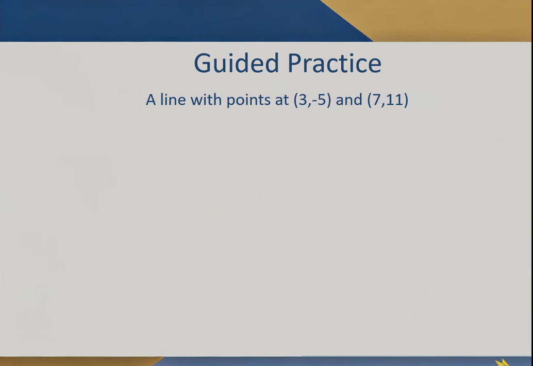Okay, let's look at this question. A line with points at 3, negative 5, and 7, 11. The first step that I would be doing is I'm going to find the gradient. So gradient is equal to change in y over change in x.